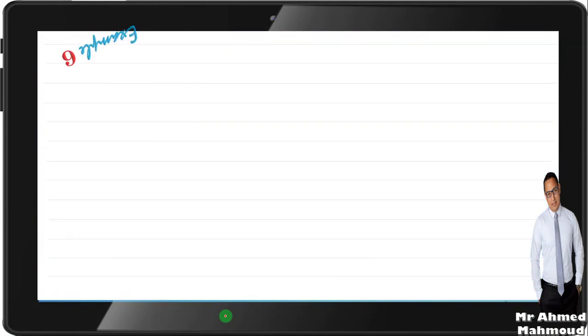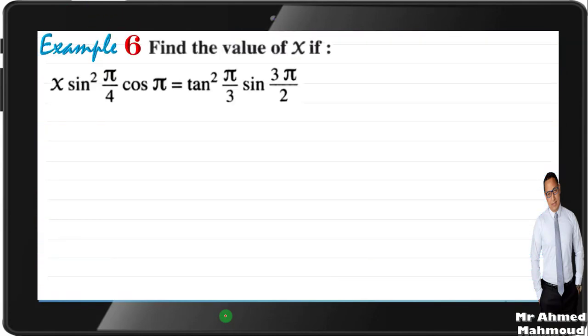Example 6. Find the value of x if x times sine square pi over 4 times cosine pi equals tan square pi over 3 times sine pi over 2. Okay. Here, x times sine square pi over 4, which is 45.